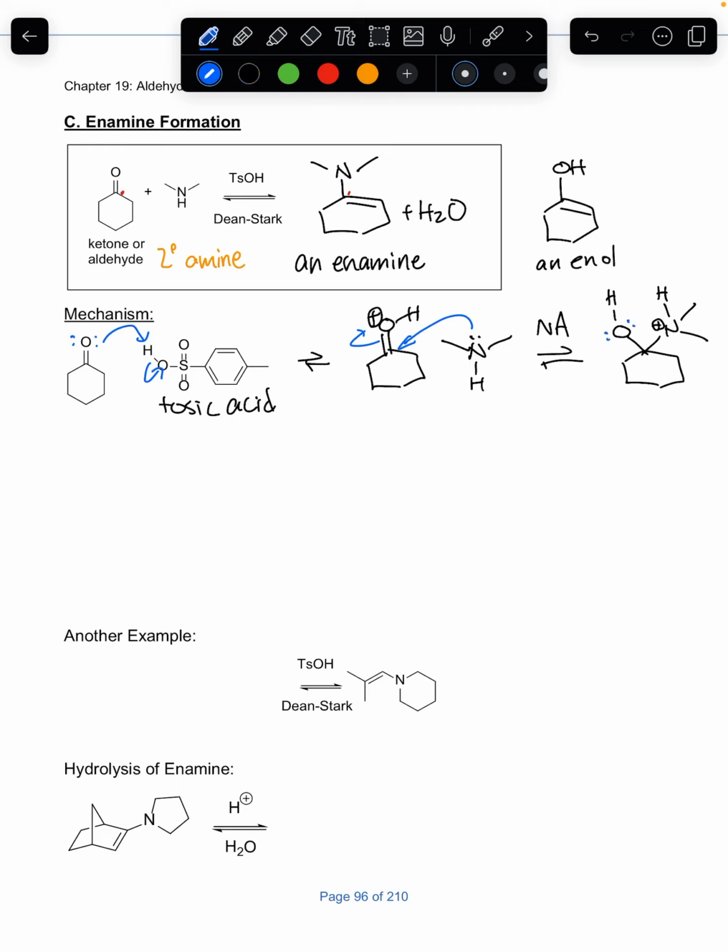This extra proton, remember, it can always hop around between different heteroatoms. That phenomenon is called rapid proton transfer. That is something that is constantly happening back and forth, whether we like it or not.